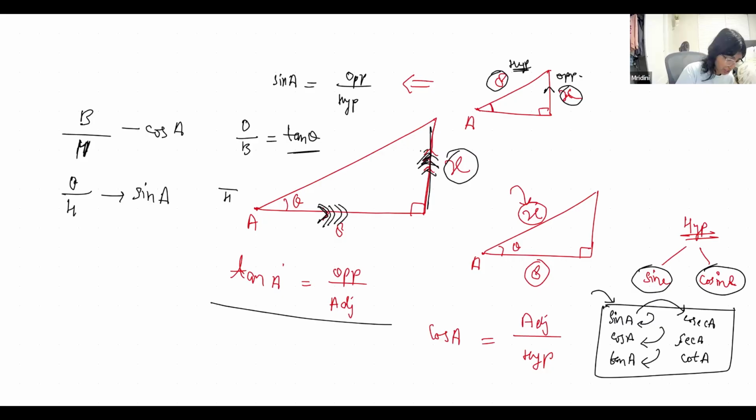Tangent is also known as height and distance. You can feel it: the opposite is actually the height here, and this is my distance.